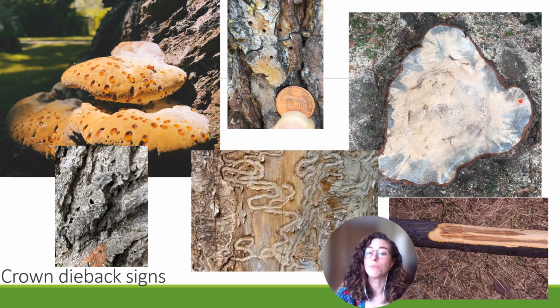Again, it would just be more located in the whole tree rather than just in the branches themselves. For our wood rots or our decay organisms, the signs are much easier because they are macro. And then for our insects, we can have galleries, we can have exit holes, we can have frass, we can have any type of leave behind that would indicate that an insect is burrowing in, cutting off the vascular system, which would then lead to the full crown dieback.